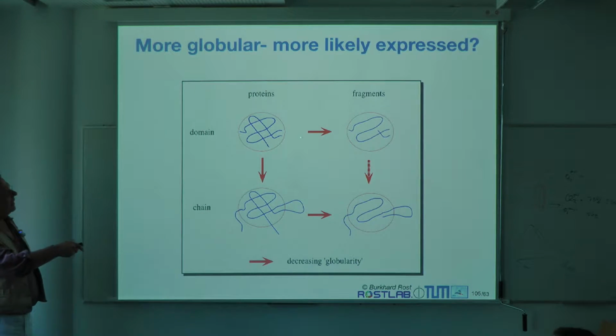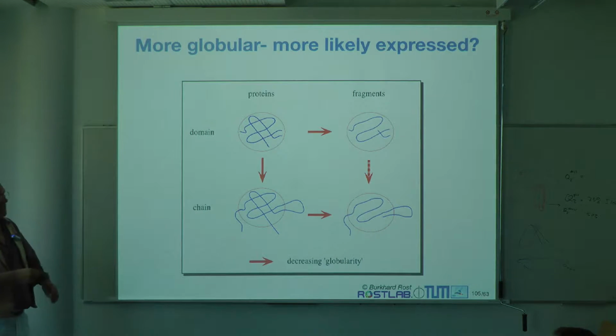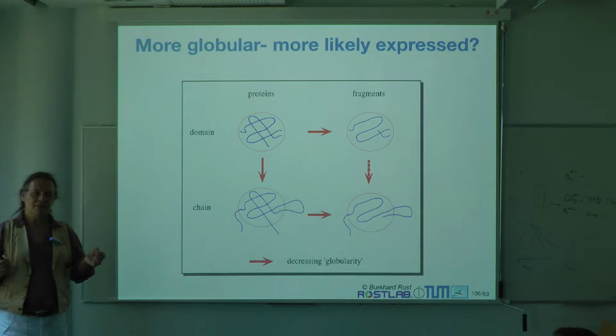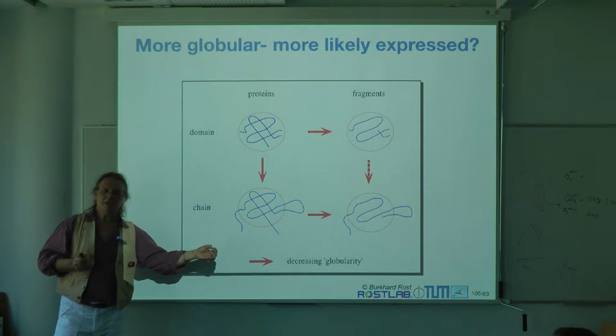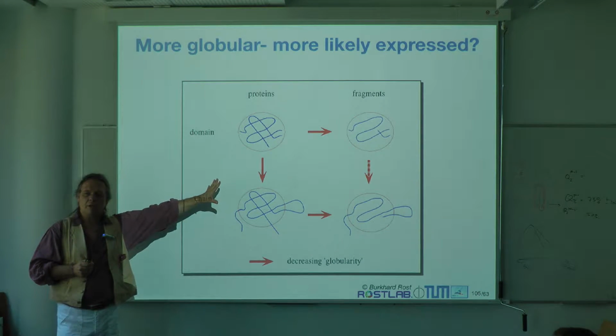You look at a protein domain, you look at a fragment thereof, you look at a chain or a fragment thereof, and for the fragments you always see that the fragments somehow have fewer contact density. Fewer contact density, if you predict contacts, you can get at that. How can you use solvent accessibility to get at that sort of feature?